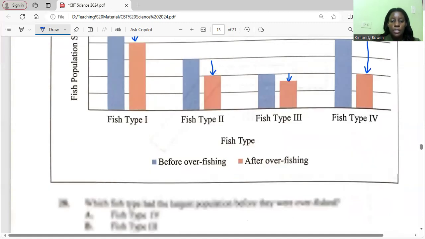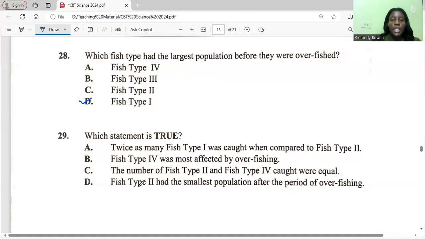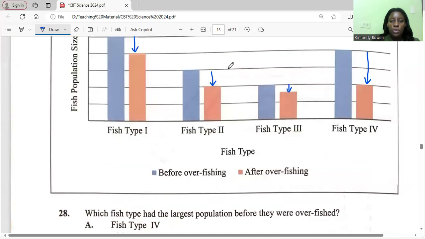Let's check the others though. The number of fish type 2 and fish type 5 caught were equal. Let's look at 2 and 5, and it's not equal, but I'm just going to look back at it. So, are you seeing here? Not equal. This is twice the fish type 2.